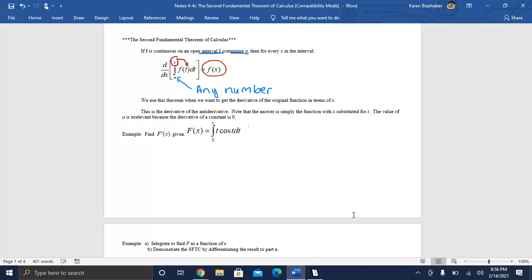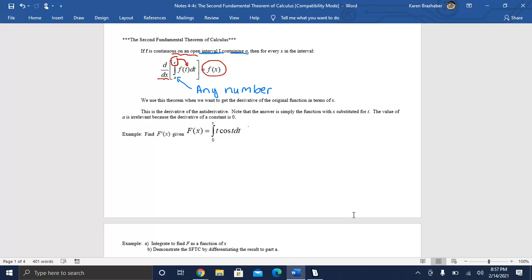You don't have to make any changes to that function, but notice that you are doing the derivative of the antiderivative. So it's f with that upper limit of integration substituted in. So we do this when we want to get the derivative of the original function in terms of x.